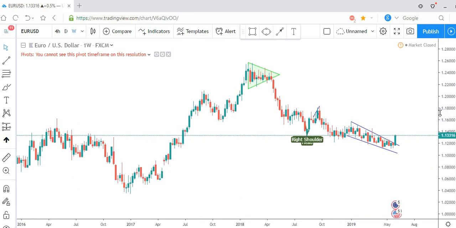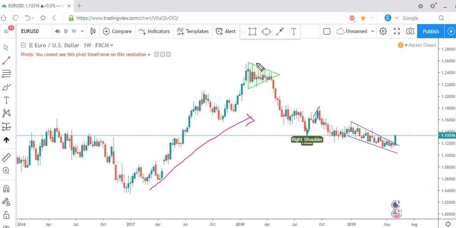Without even plotting your trend lines or support and resistance, you know that price is moving a bit sideways. Here was a clear uptrend, here was a clear uptrend, here we had a clear uptrend.